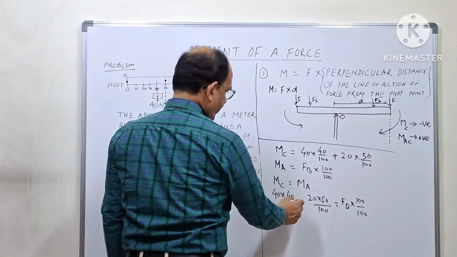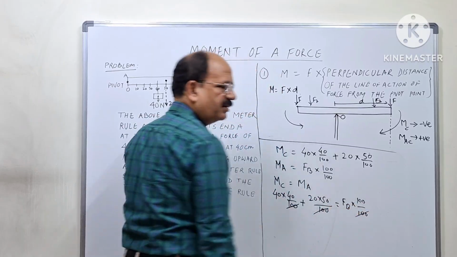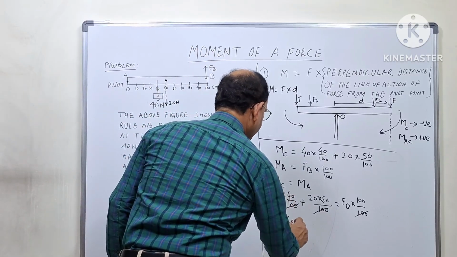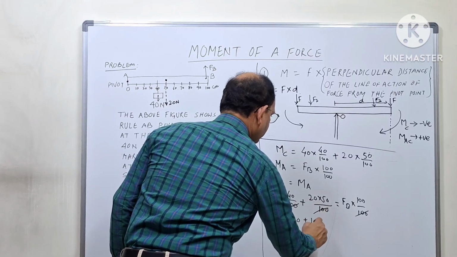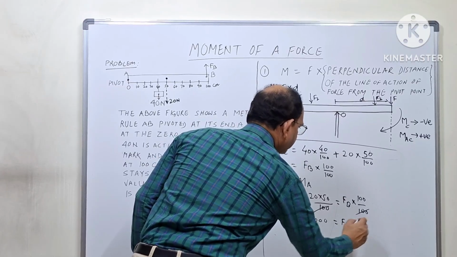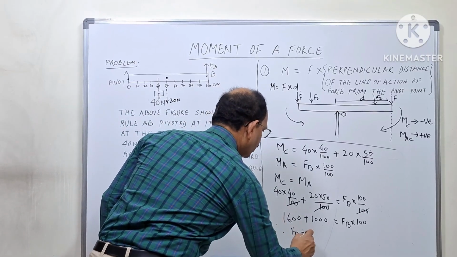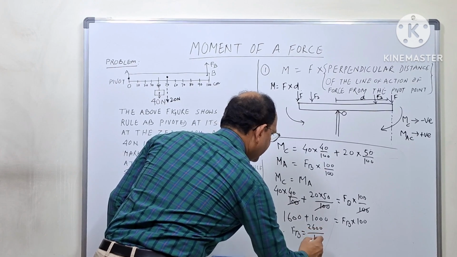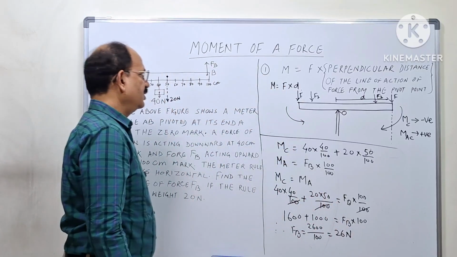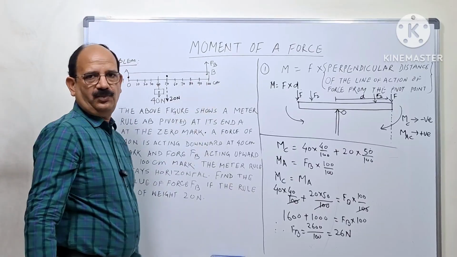Now, because this 100 is in denominator and this is common, we can cancel it. And therefore, this 1600 plus 1000 is equal to FB into 100. And therefore, FB will be equal to 2600 divided by 100, which is equal to 26 Newton. So this is the force of 26 Newton which is acting upward.